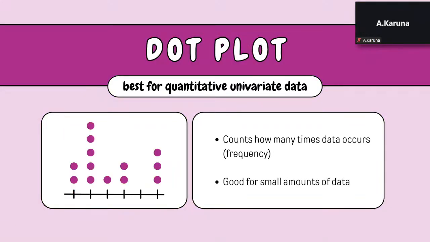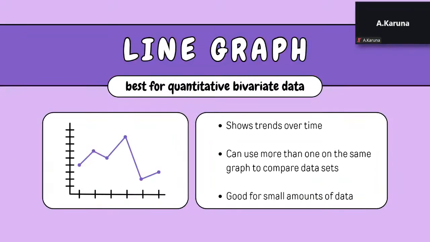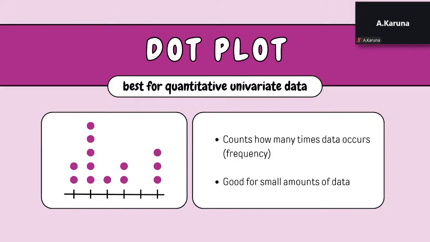Next, we have the dot plot. This is best for quantitative univariate data. So what did we say that was? So we said quantitative is when we use categories, and univariate when we're only asking for one thing, right? Here, it's two things, right? Bivariate, the number of phones and the year. Here, it's just going to be what? The category.